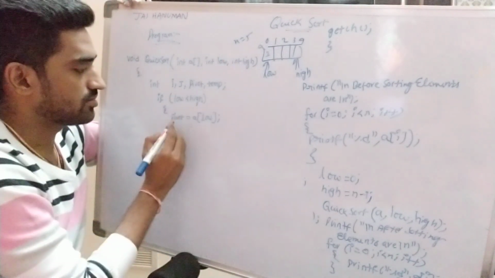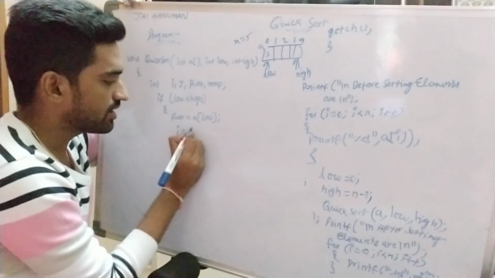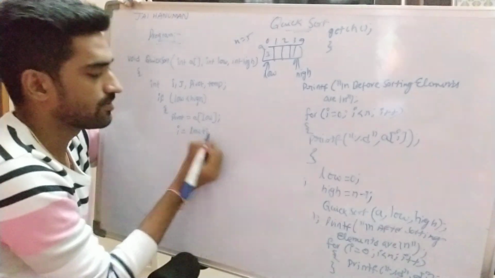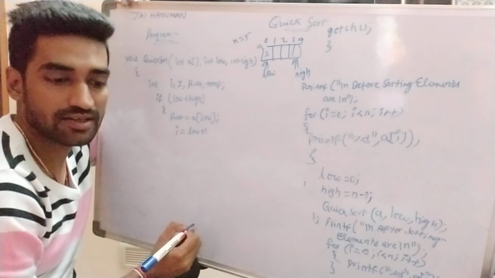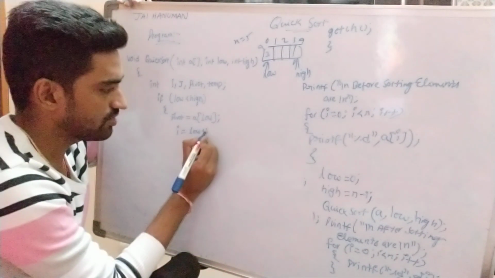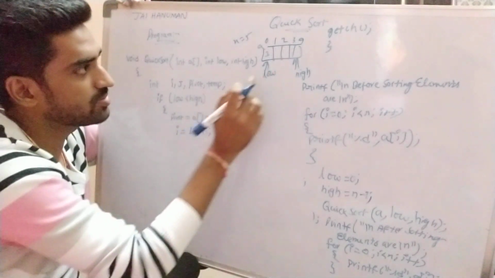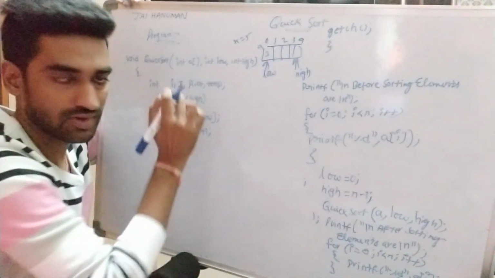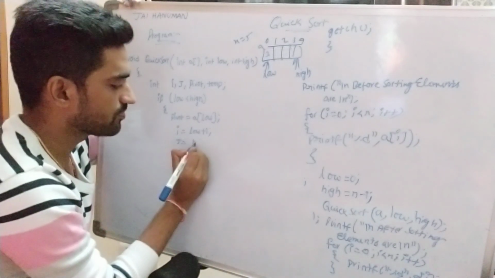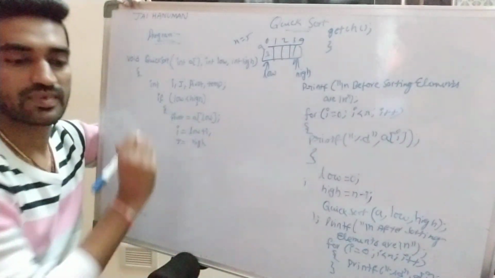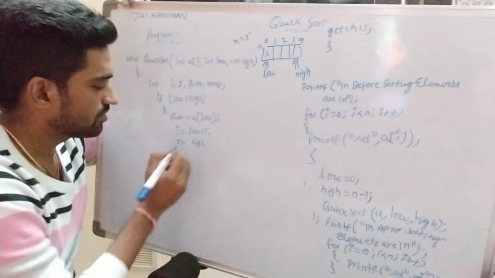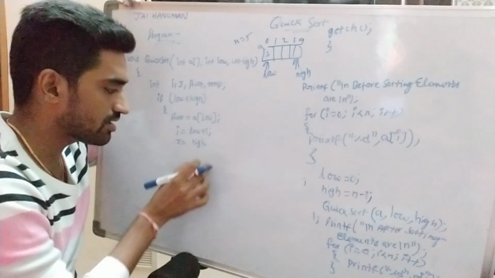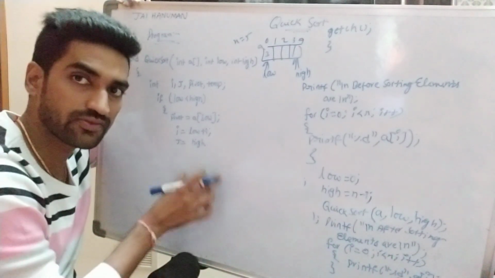Then i is incremented to low plus 1. Now the i value increments, right? Then j is equal to high, right?